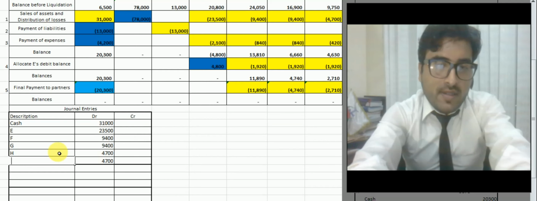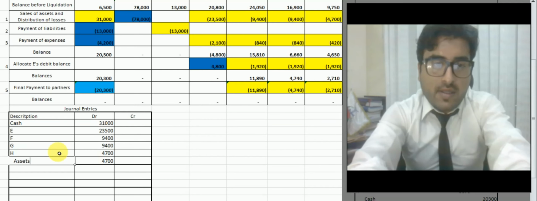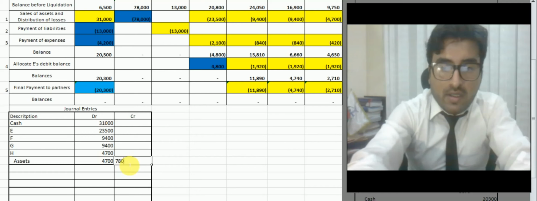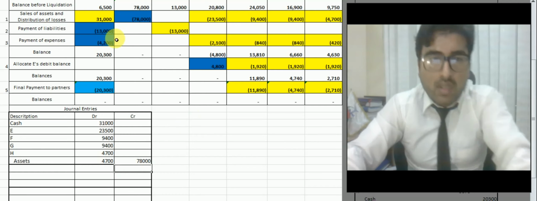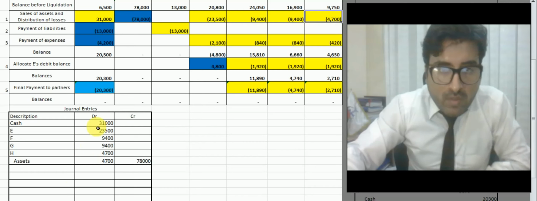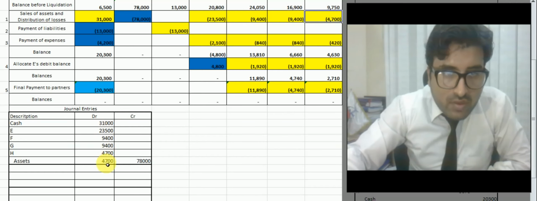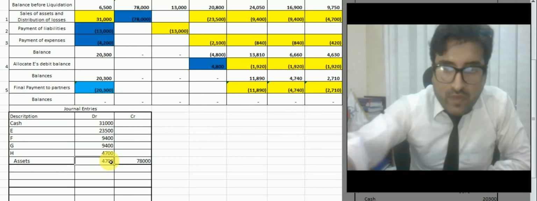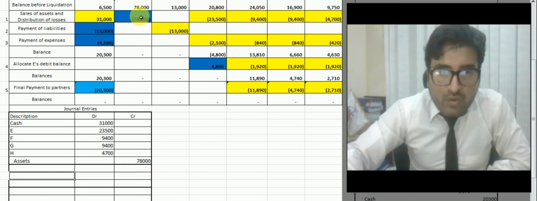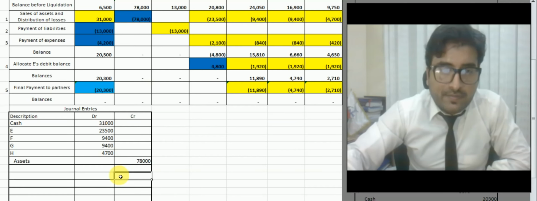Assets credited. How much? 78,000. I hope you got it. Look, this cash debited, E, F, G, H also debited, so we debited all these values. Clear? Remove this value here, and then we credited assets, so this value of assets credited, okay.